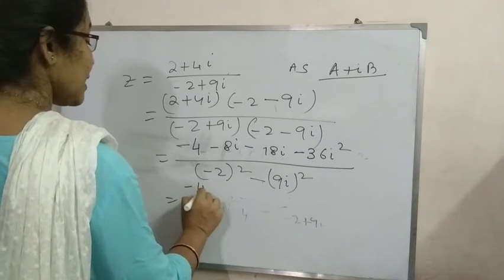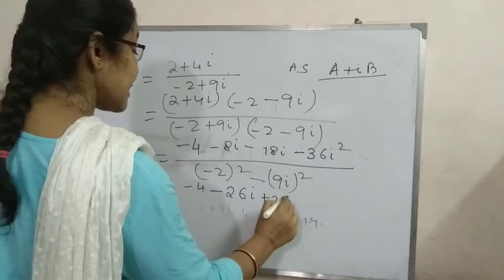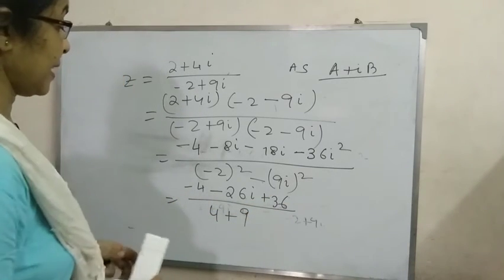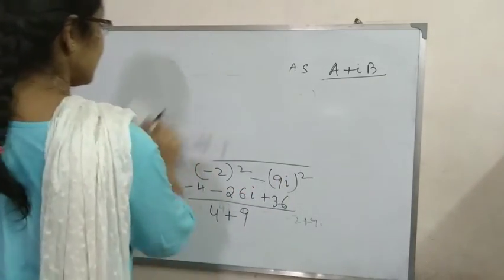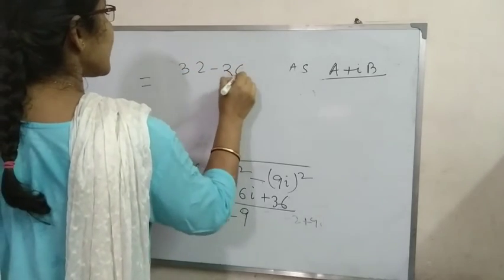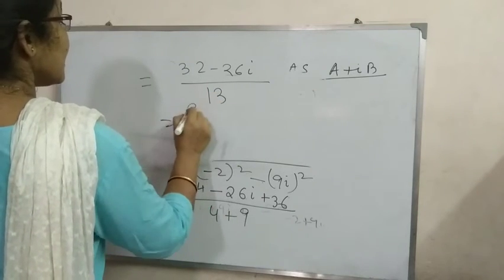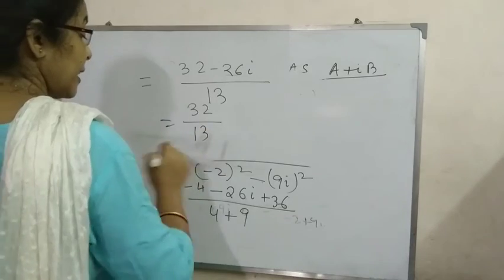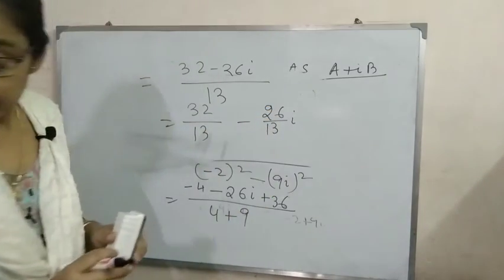This is equal to minus 4 minus 26i plus 36 by 4 plus 81.